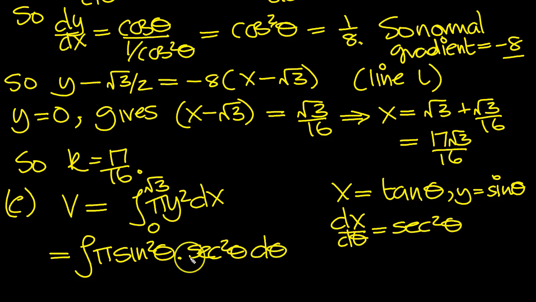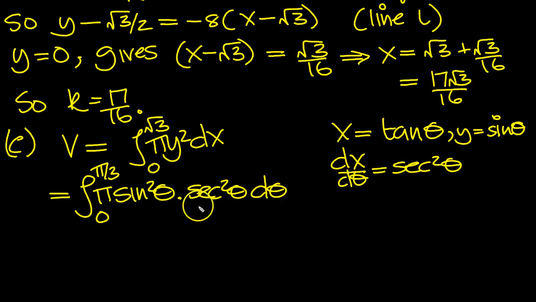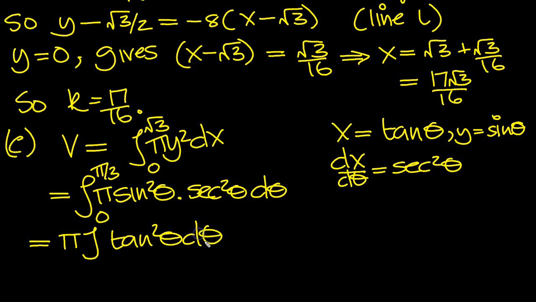When x is 0, theta is 0, and when x is root 3, theta will be pi over 3, 60 degrees. Tan 60 is root 3. So there's our integral. This is cos squared, so in essence we've got pi, the integral of sine squared over cosine squared, which is tan squared, d theta.